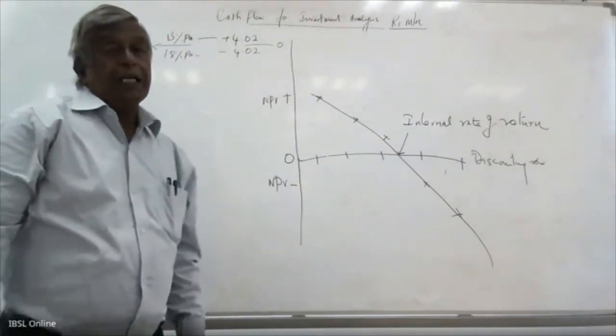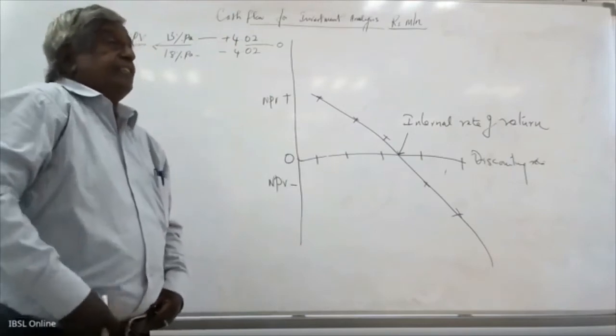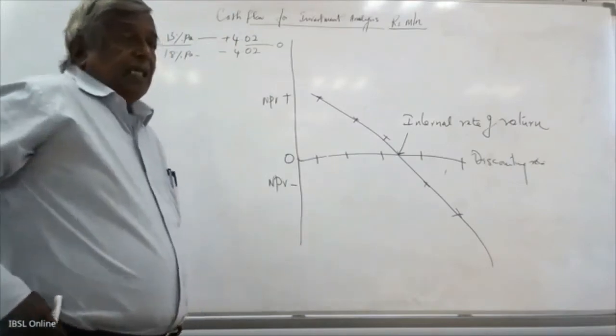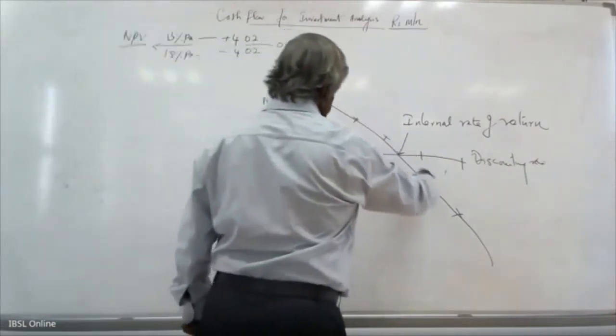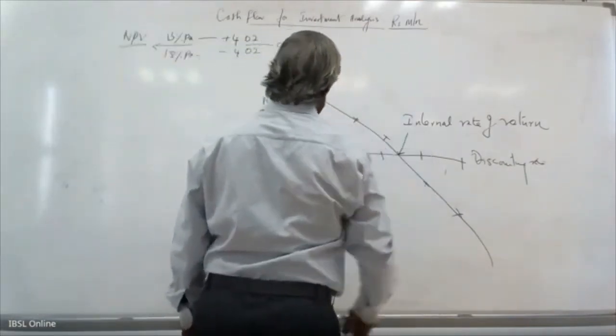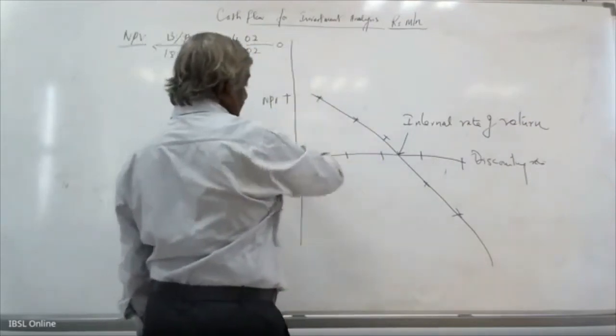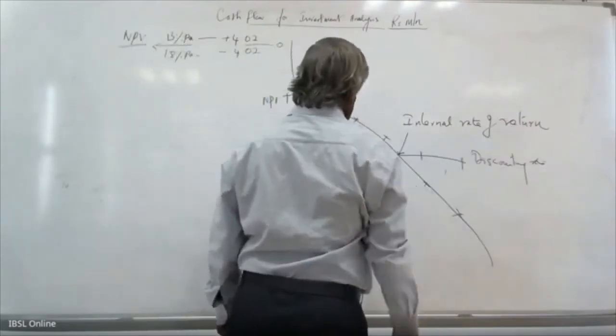So when you calculate NPV based on various discount rates and plot a graph, the graph will pass through the x-axis. You are plotting the NPV on the y-axis and the discount rate on the x-axis.